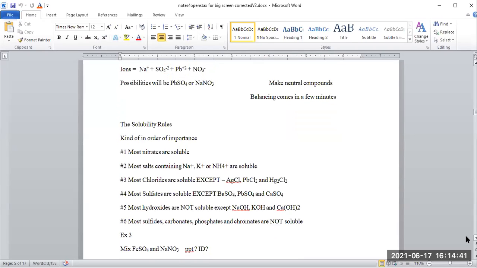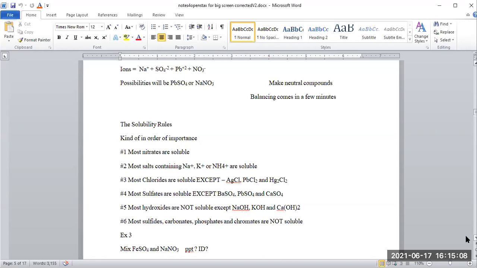So the first one we've already touched on. Yeah, I know it says most nitrates are soluble, but we can expand that to say pretty much all nitrates are soluble. As freshman chem, we are unlikely to see an exception to the rule for the nitrates.